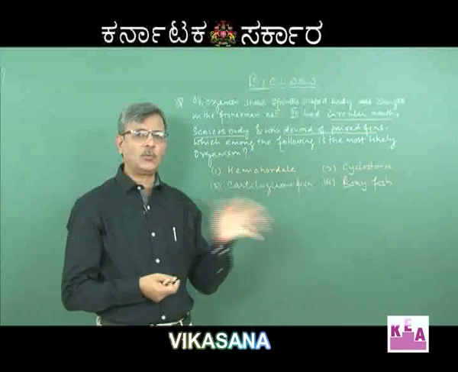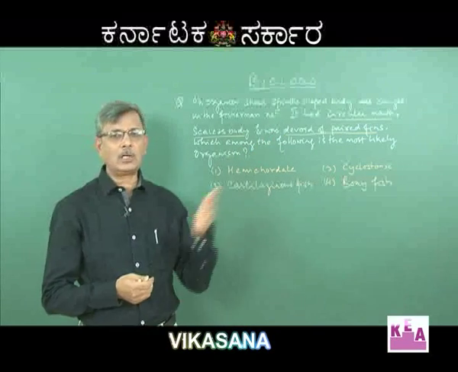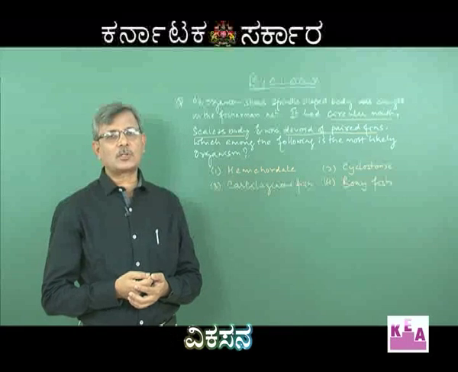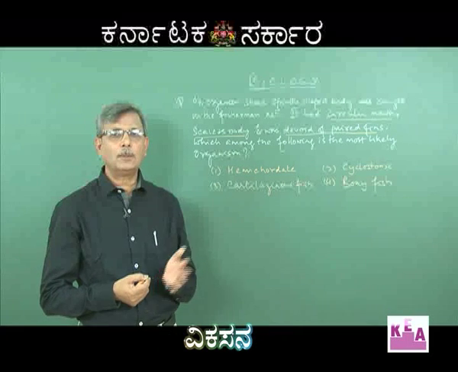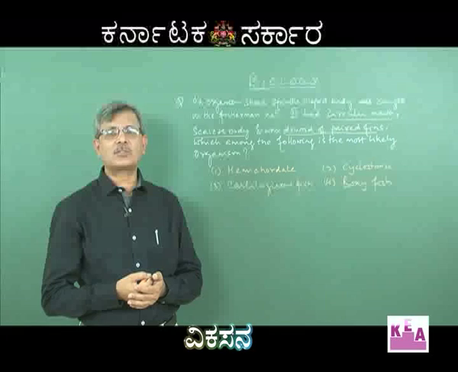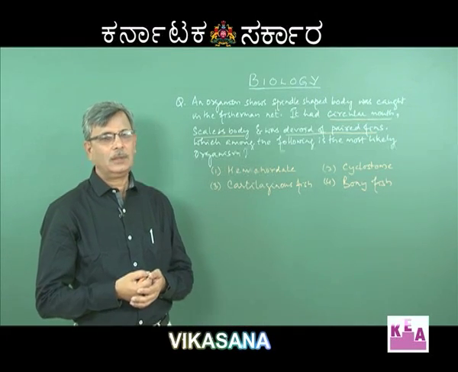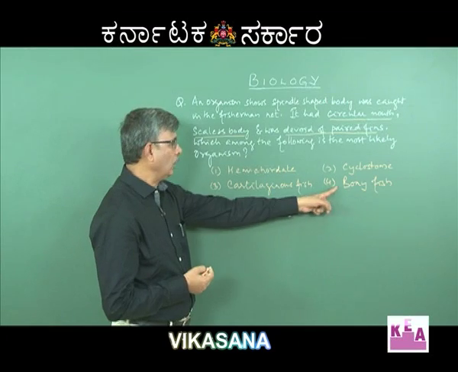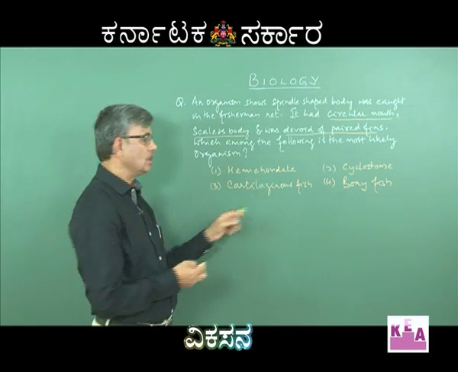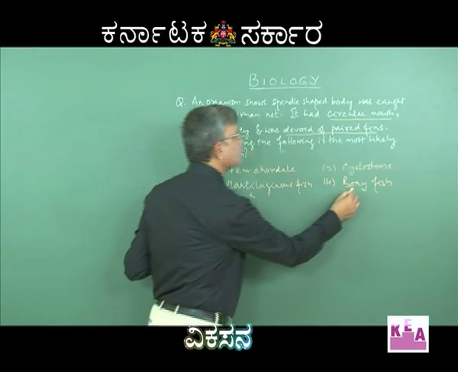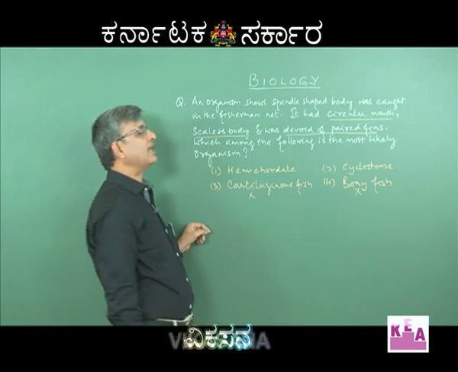Devoid of paired fins, all fishes, whether cartilaginous or bony, are going to have paired fins, like pectoral fins and pelvic fins. And thereby bony fishes and cartilaginous fishes are not the right answers.